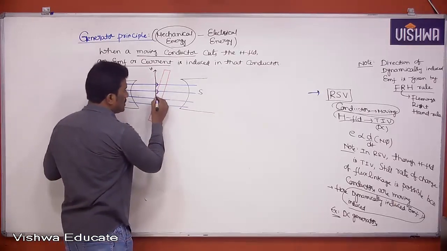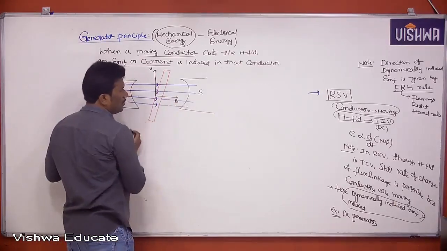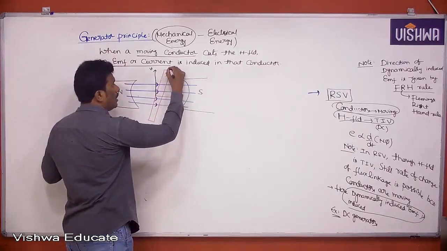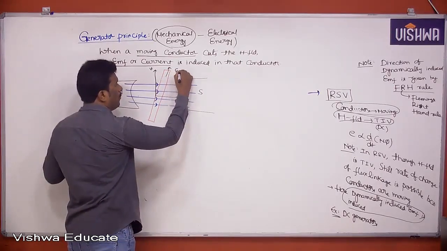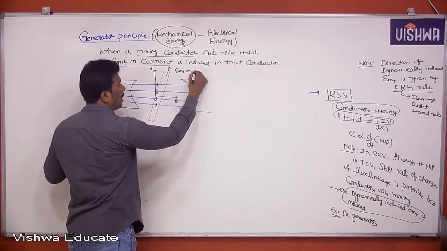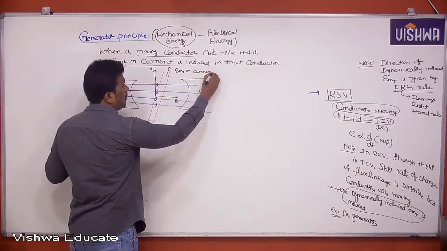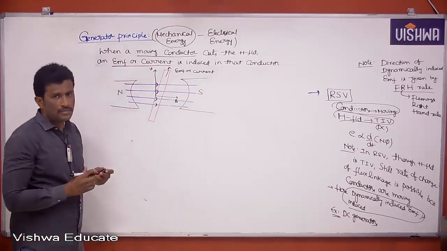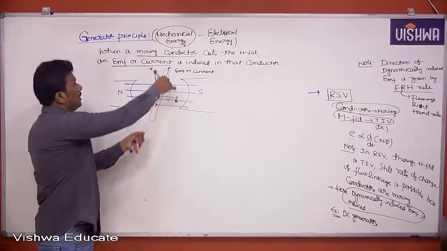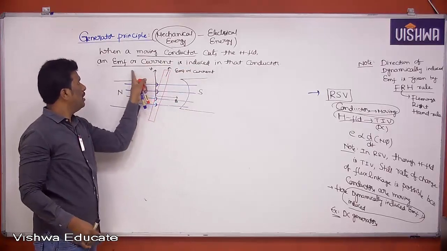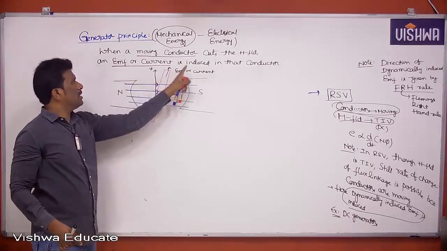And as I told you, this is the direction of the magnetic flux density. And here, EMF or current is induced. When a moving conductor cuts the magnetic field, an EMF or current is induced in that conductor.